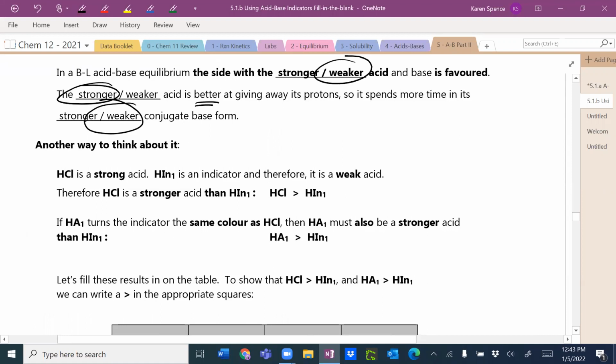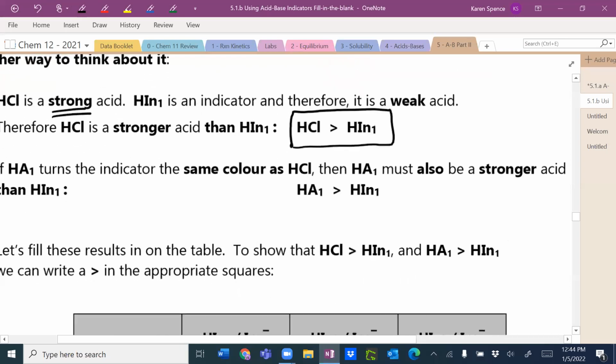that we have HCl, which is a strong acid. HIN1 is an indicator, therefore it must be a weak acid. Therefore, we know HCl is stronger than the indicator acid form.